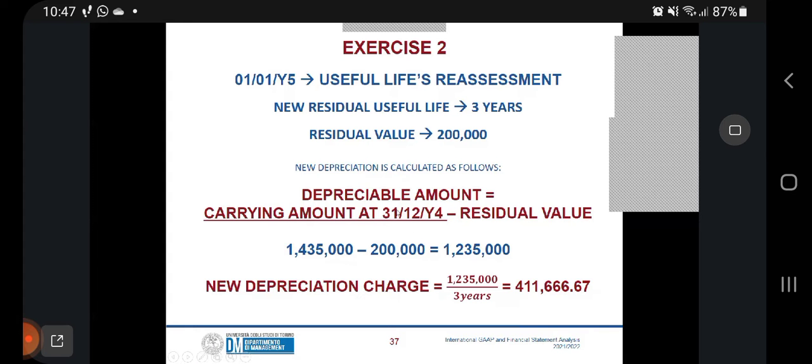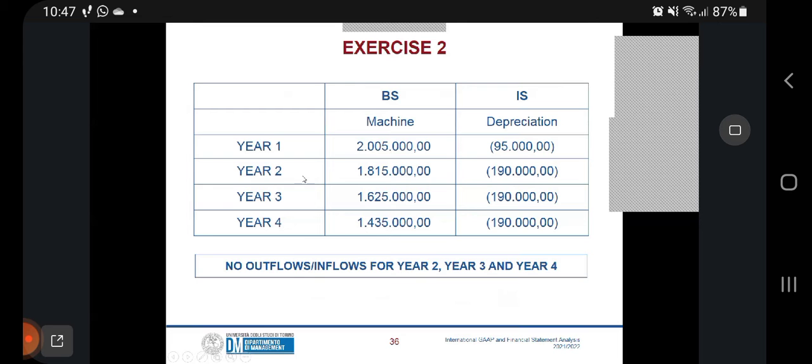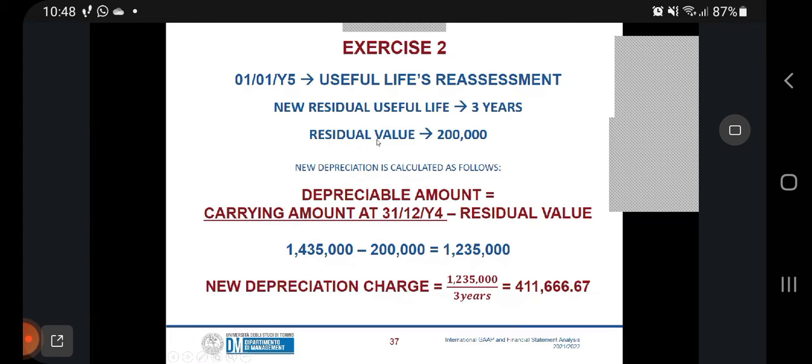As always, the depreciable amount is equal to the difference between the carrying amount, in this case at the 31st December year 4, and the residual value. Namely, the value that you can get here at the 31st December year 4 in the balance sheet, approximately 1.54 million, minus the same residual value, 200,000.